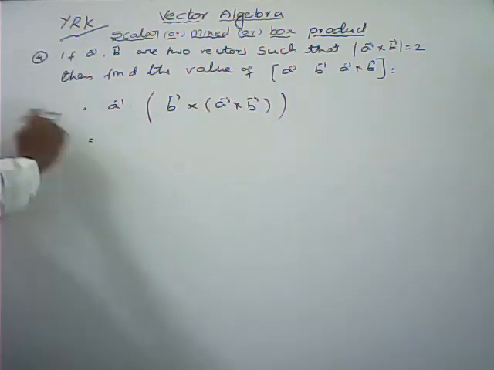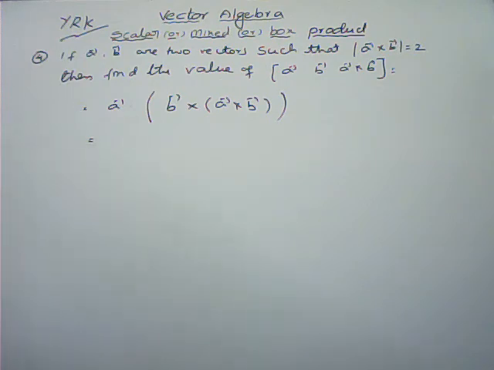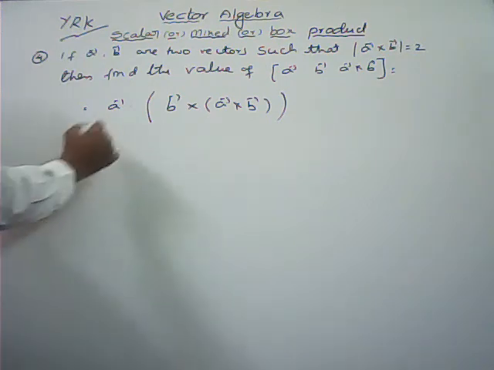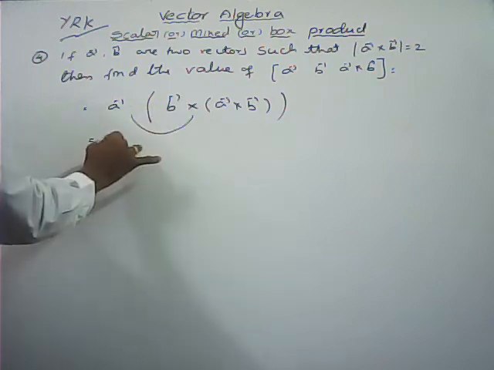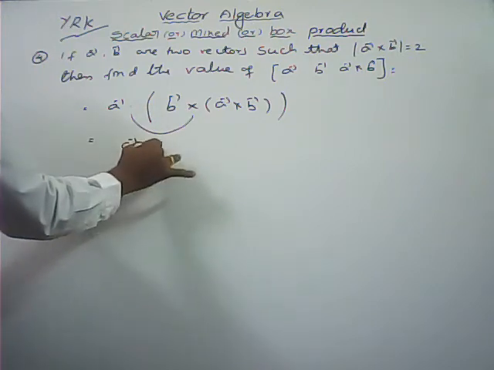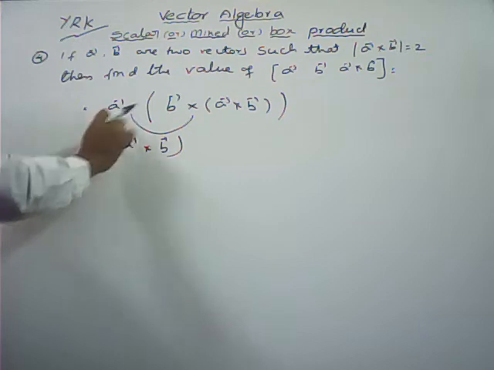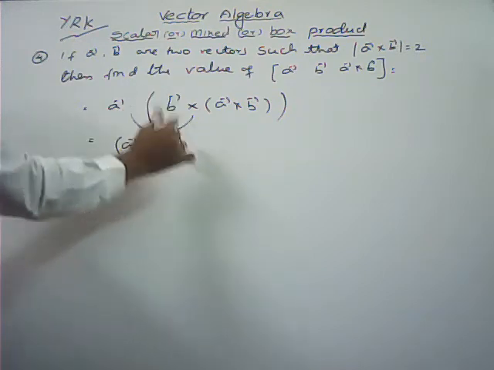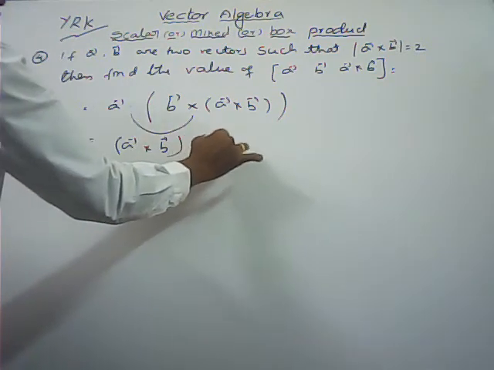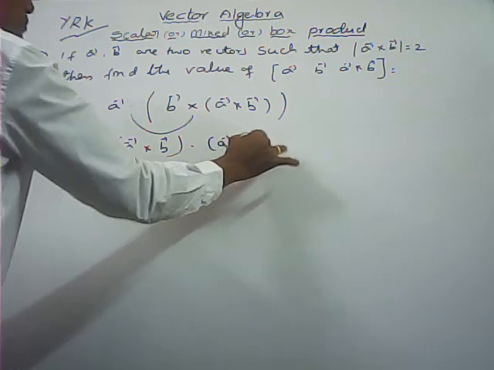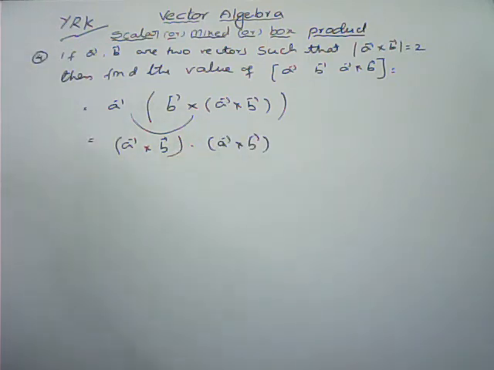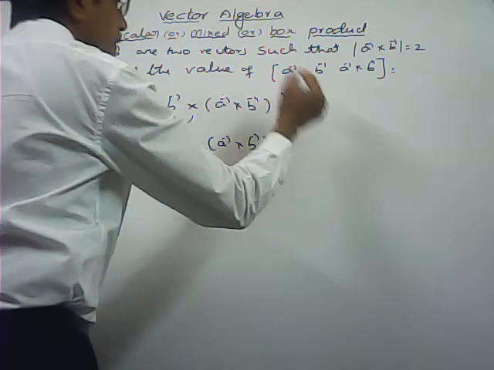In the properties, I have written this one also. We can interchange these two, and at the same time we have to change the brackets also. A bar cross B bar dot A bar cross B bar. If you want, you can see the properties.